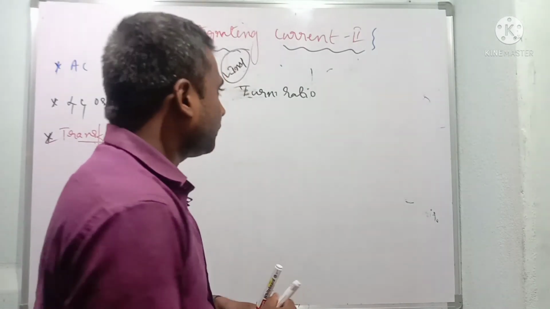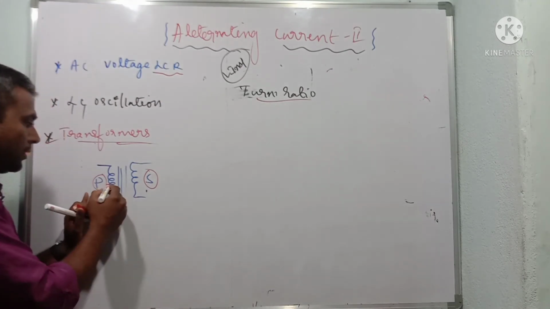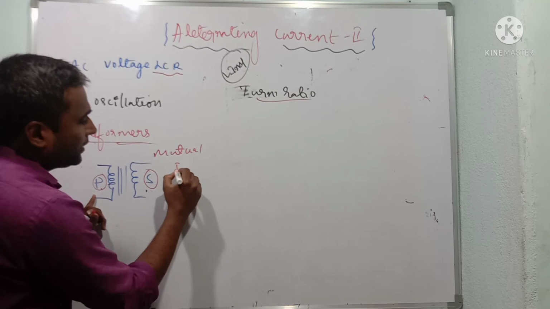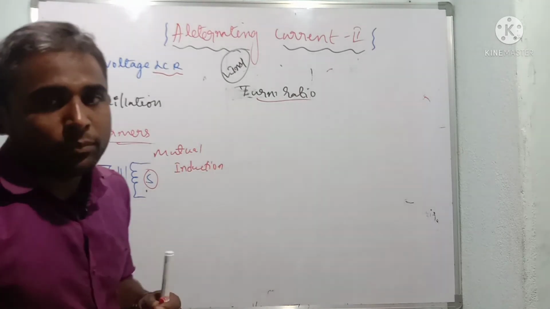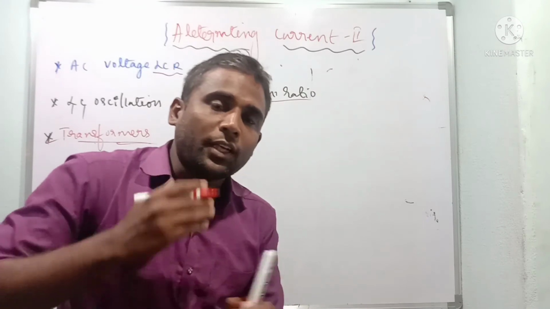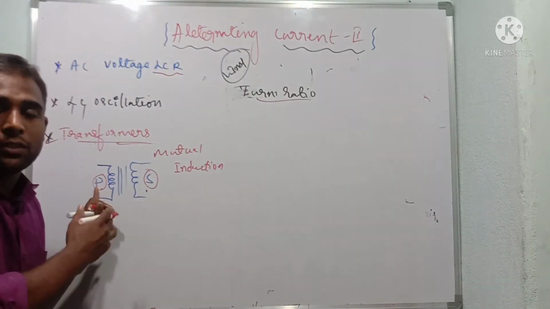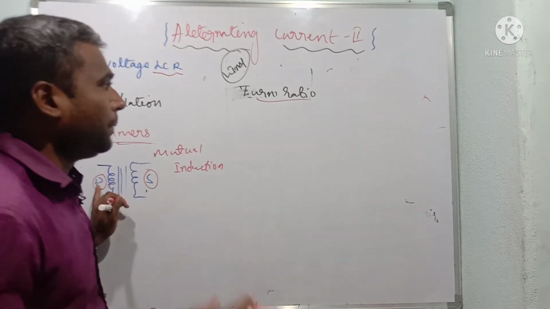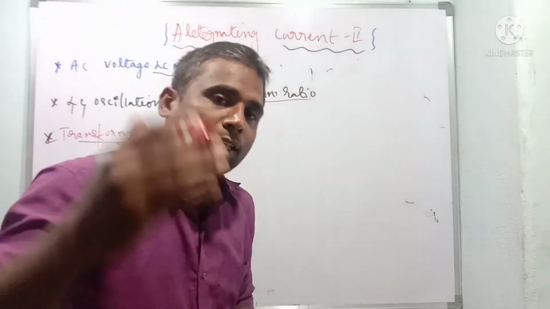Now, turns ratio means we use a very important principle. We already discussed mutual induction. So what is mutual induction? The process of producing EMF in one coil due to change of current in another coil. That is called mutual induction. So what is my point here? The EMF is produced in the primary coil as well as the secondary coil.